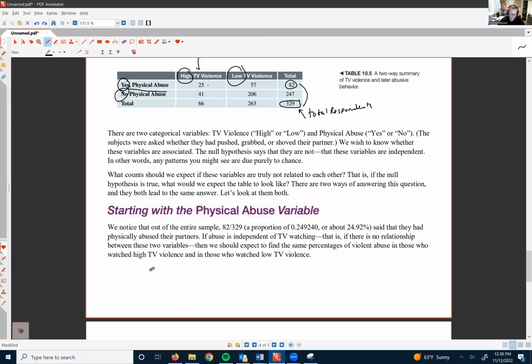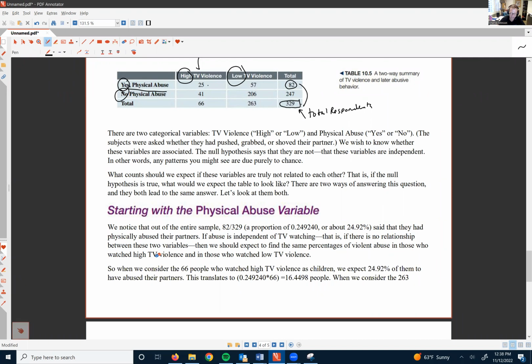So when we consider the 66 people who watched high TV violence as children, we expect 24.92% of them to have abused their partners.